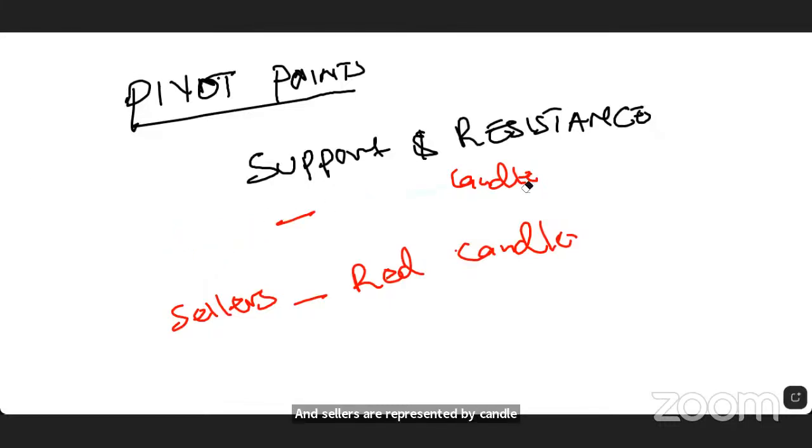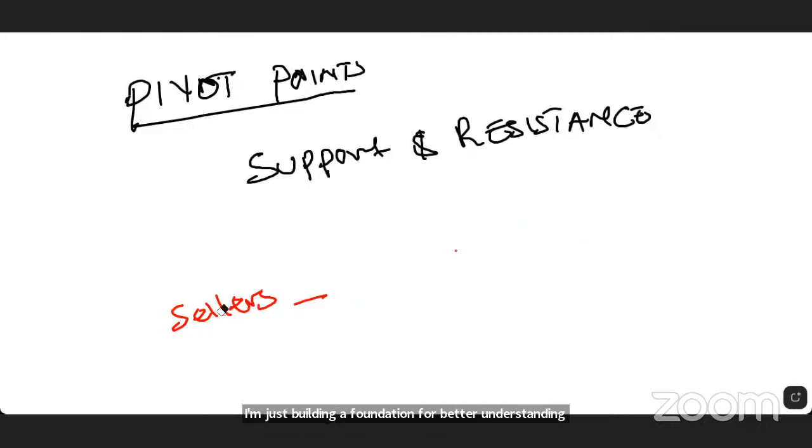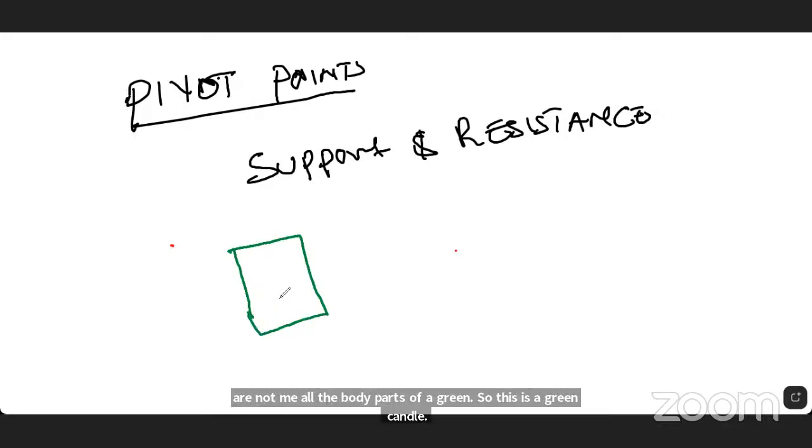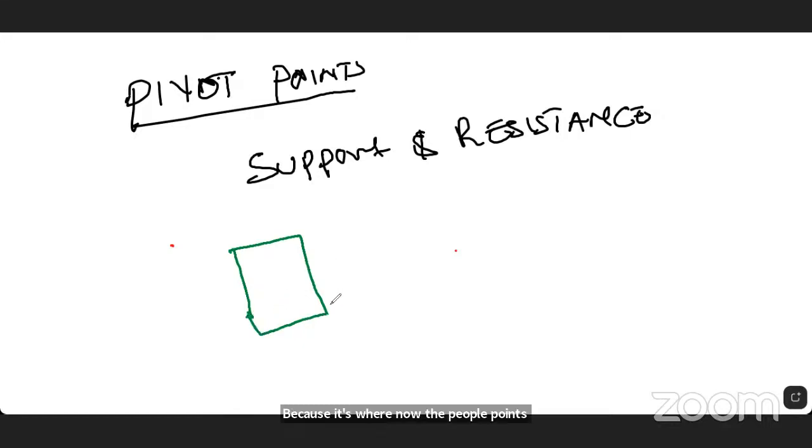I'm just building a foundation for better understanding. And so before we dig deep into support and resistance, it is important, for example, if this is a green candle, for someone to know the anatomy or the body parts of a green candle, because it's where the pivot points are going to come into play.